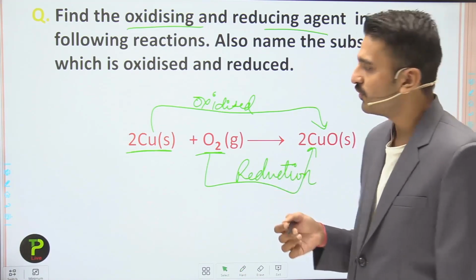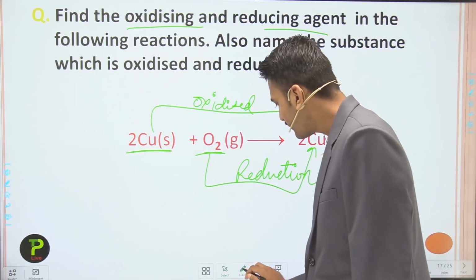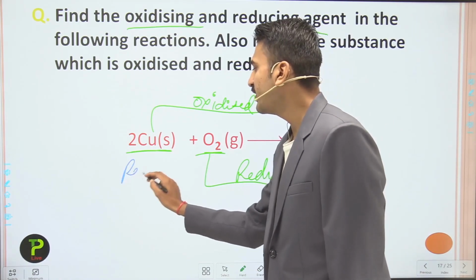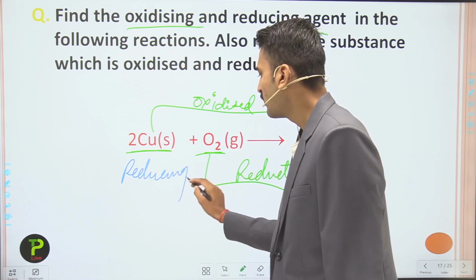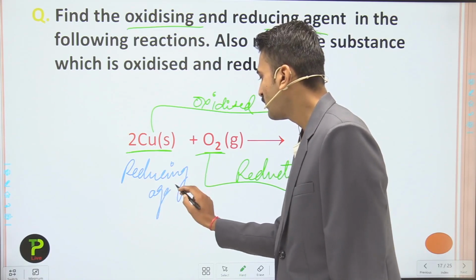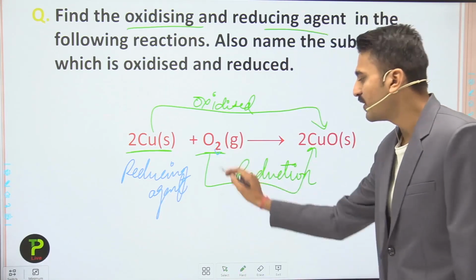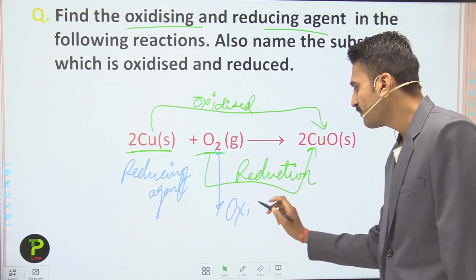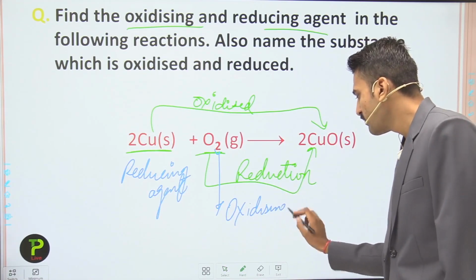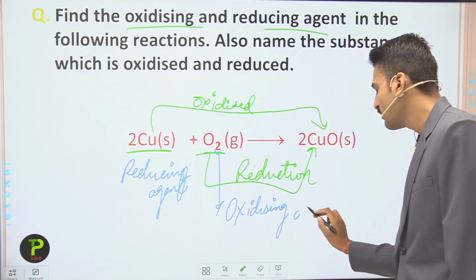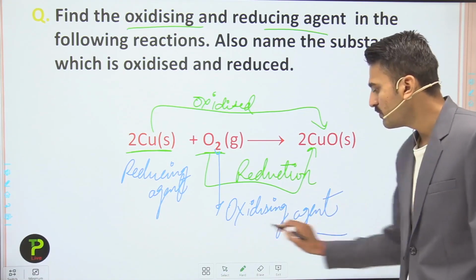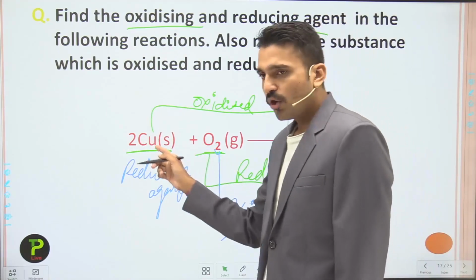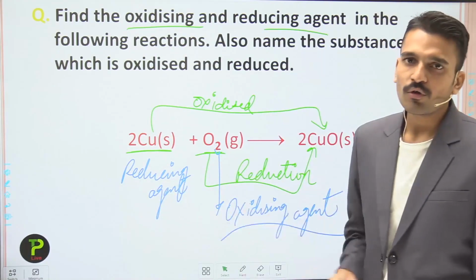So the copper here is acting as a reducing agent, while the oxygen here is acting as an oxidizing agent. If you have to name the substances, you can write copper for Cu and oxygen for O2.